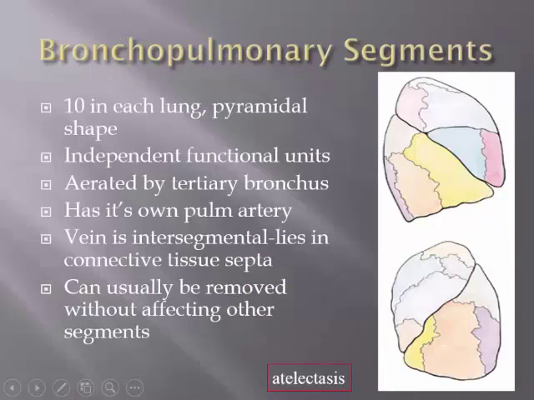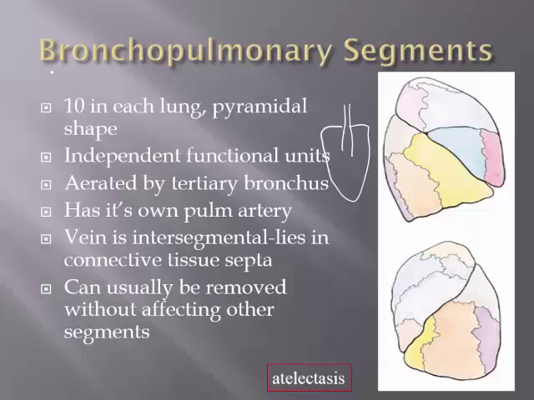Now when you get into each lung, remember we said there were 10 tertiary bronchi. So we had the primary bronchus, the secondary bronchus, and then we had tertiary bronchi. Each tertiary bronchus, if I just take one tertiary bronchus, goes to a particular segment of the lung, and that segment kind of looks wedge-shaped.